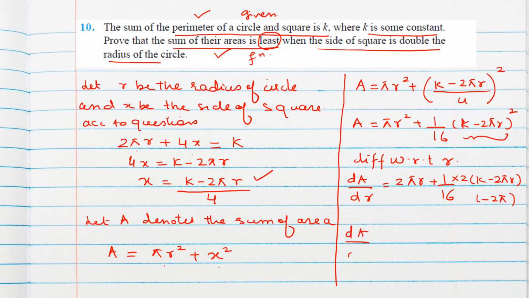So finally dA by dr is 2 pi r, minus will come, then this 2 from 2 we can cancel, 4, minus pi by 4 into K minus 2 pi r.